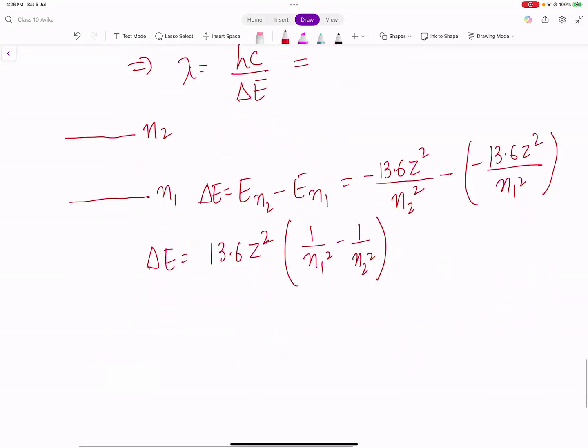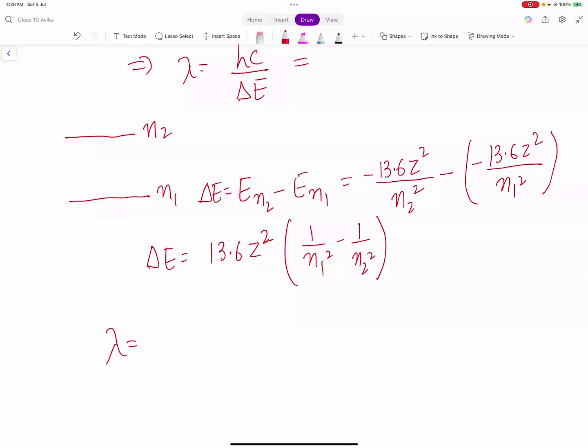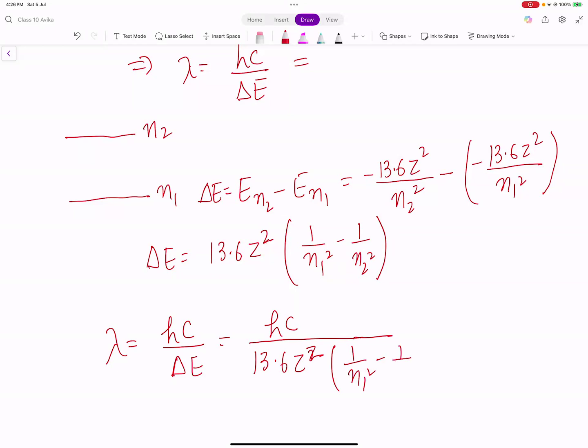So now lambda is equal to hc upon delta E. I can write this as hc and substitute this for delta E, so 13.6 Z square into 1 by n1 square minus 1 by n2 square, right?